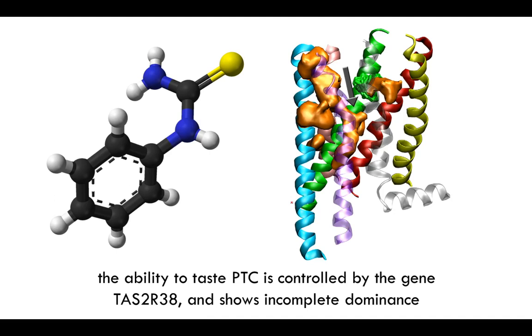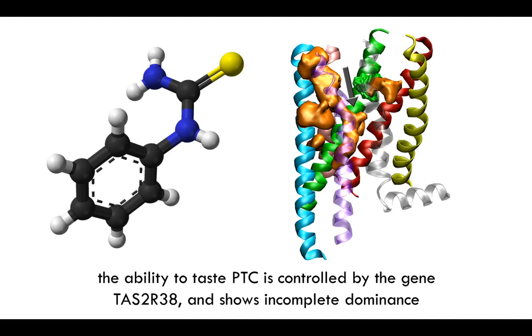PTC tasting. Now you may recall in class us testing whether or not we could taste PTC, and I used that as an example of a dominant versus a recessive allele, but actually it's not completely dominant. In fact, it is incompletely dominant. The gene is here, TAS2R38 is the code. It stands for taste 2 receptor 38. This is the protein.